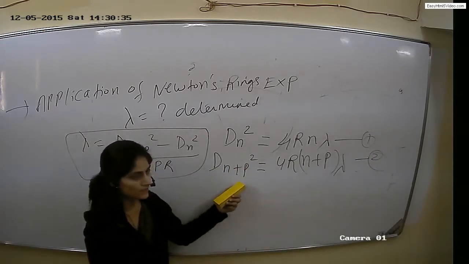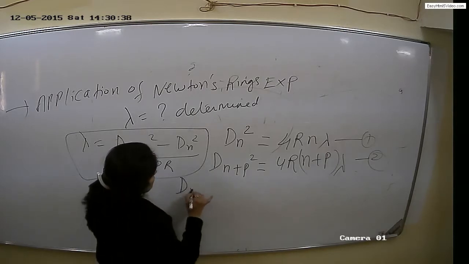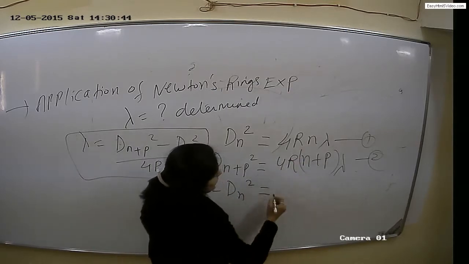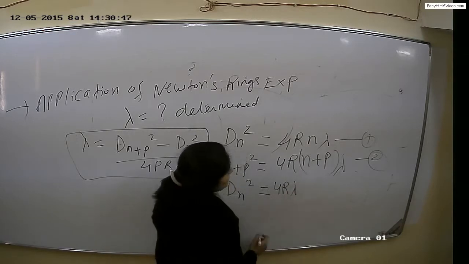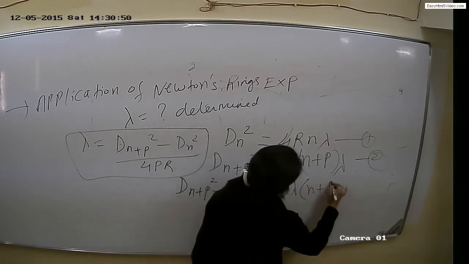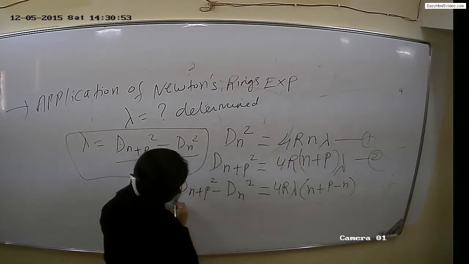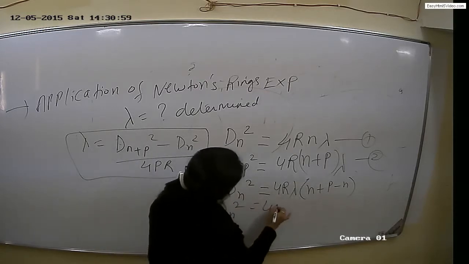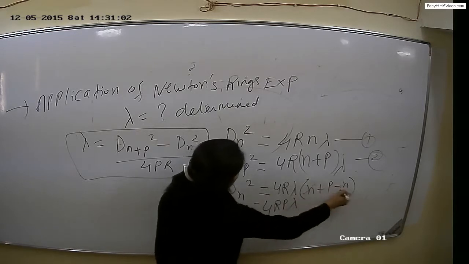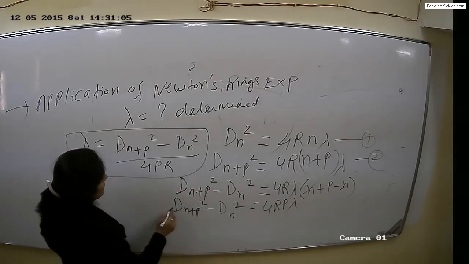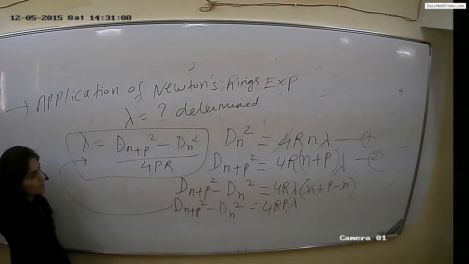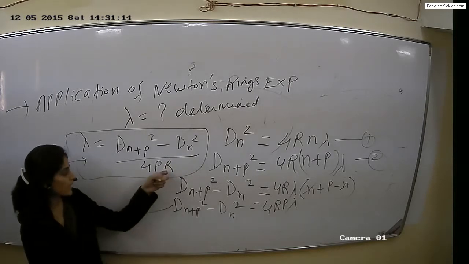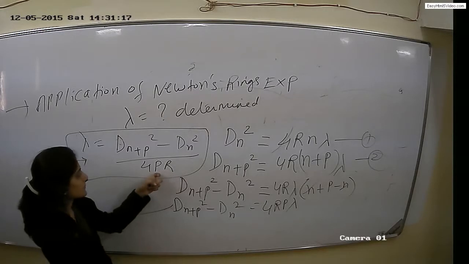Subtracting equation first from second, we get D(n+p) square minus Dn square is equal to 4R lambda common in both terms, times (n+p) minus n. Therefore, D(n+p) square minus Dn square is equal to 4Rp lambda, and n will cancel out. So from here, we get the relation lambda is equal to D(n+p) square minus Dn square upon 4pR.